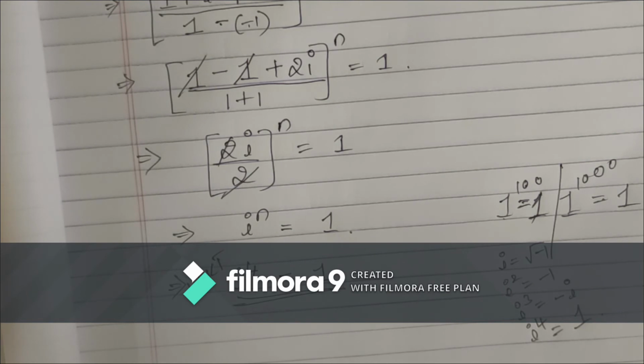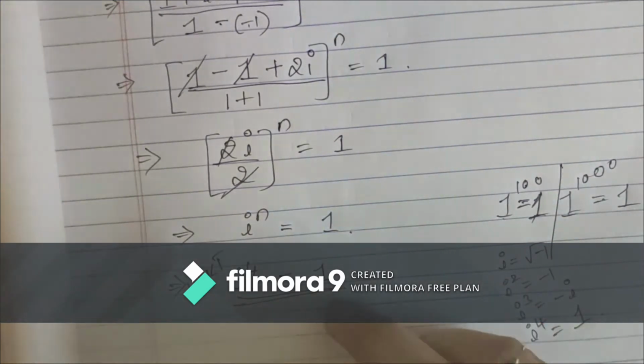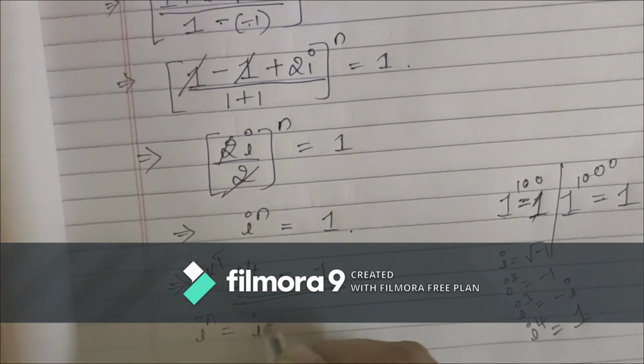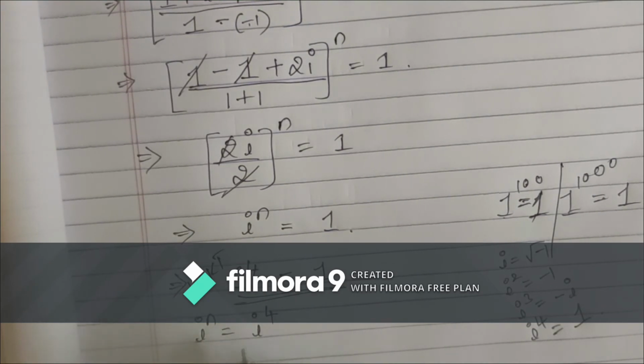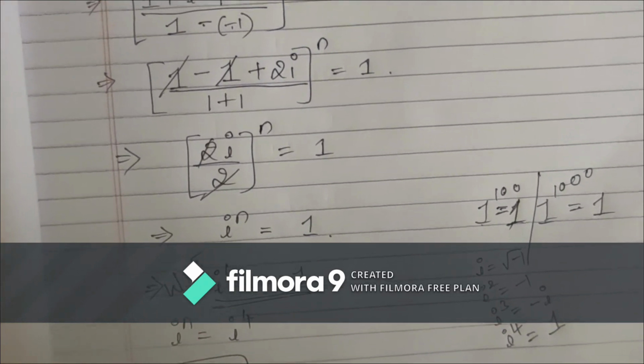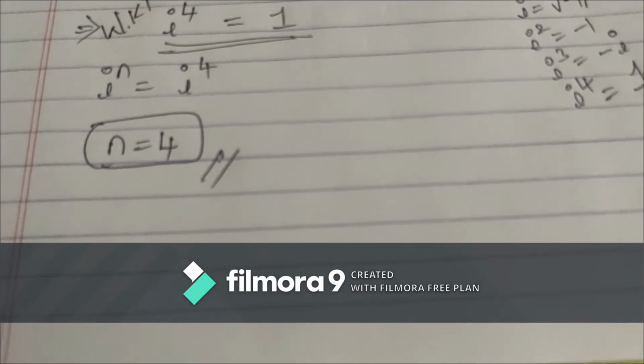If both RHS are the same, then we need to equate the LHS part. So i to the n is equal to i to the 4, which implies that if the bases are same, then their powers are equal. So n is equal to 4.